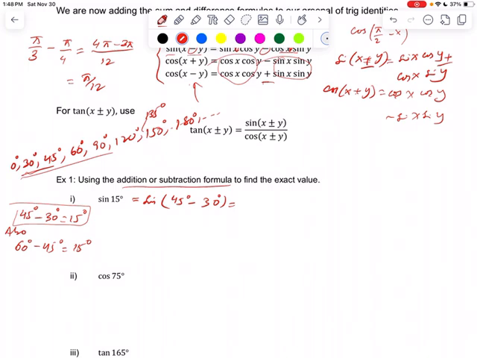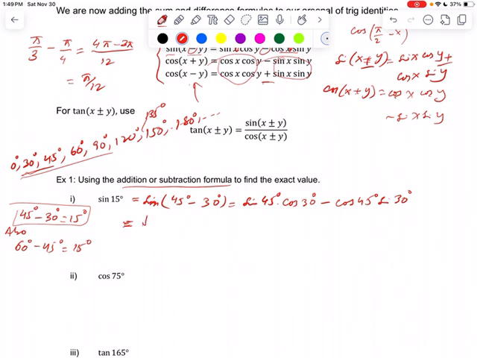And now we will apply the formula. So this is the sine of the difference, sorry. It will be sine of 45 degrees times cosine of 30 degrees minus cosine of 45 degrees and sine of 30 degrees.